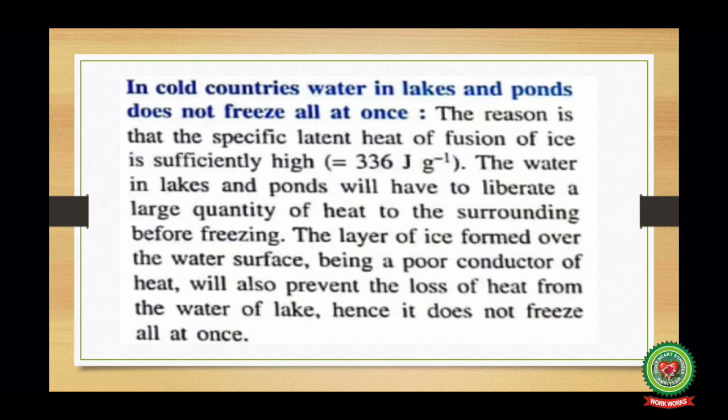Now let's read. In cold countries, water in lakes and ponds does not freeze all at once. The reason is that the specific latent heat of fusion of ice is sufficiently high. The water in lakes and ponds will have to liberate a large quantity of heat to the surroundings before freezing.